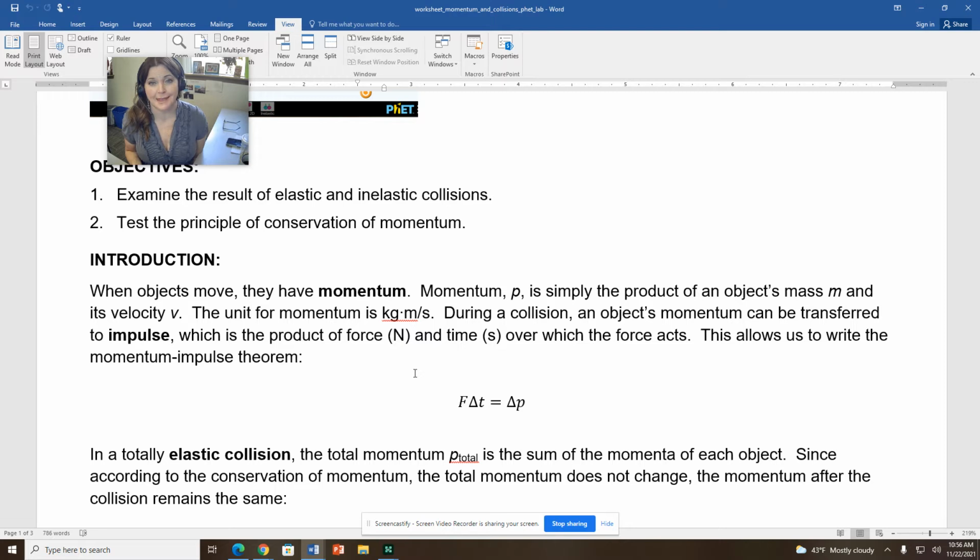The momentum of that egg is dependent upon the mass of the egg and how fast the egg is moving. Despite the momentum, if I can slow down the egg prior to its actual collision, so if I reduce its velocity right before it collides, or if I slow down the time it takes for that collision to occur, I can actually reduce the force that's applied to the egg, so the egg won't break.